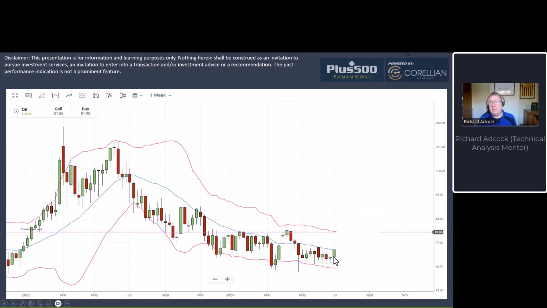And for me, at the beginning of July, the important resistance level that I was monitoring, even though I trade on an intraday perspective, was the weekly Bollinger Band mid-average. That was acting as a very important resistance point.